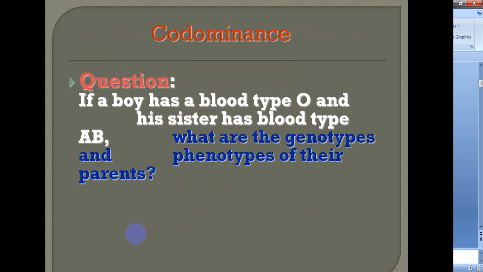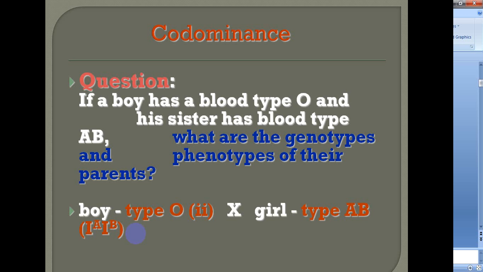If a boy has blood type O and his sister has blood type AB, what are the genotypes and phenotypes of their parents? The boy has type O, which means he does not have any of these antigens, and the girl has type AB, so both alleles are present.